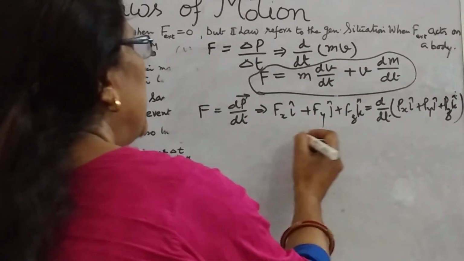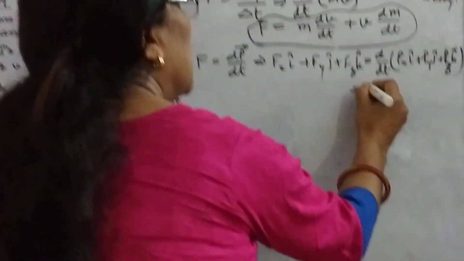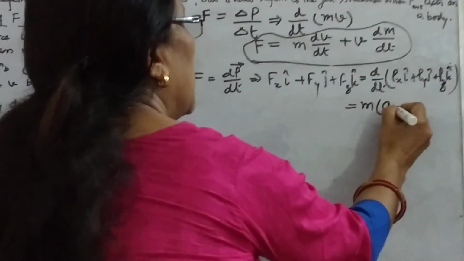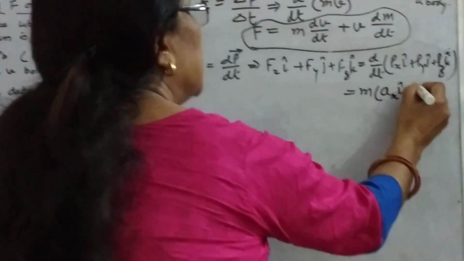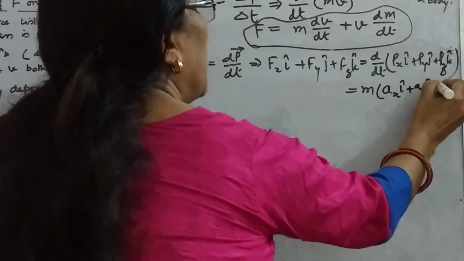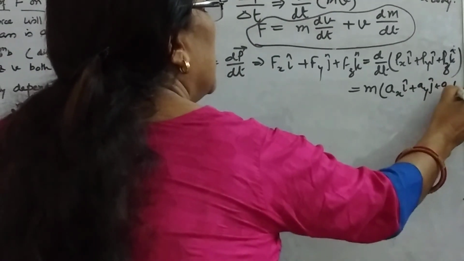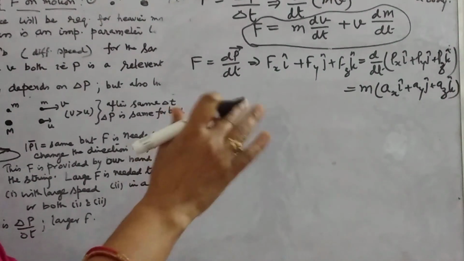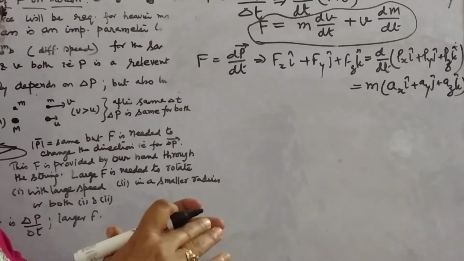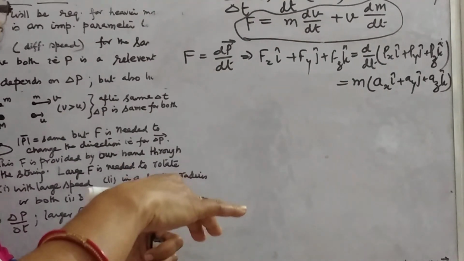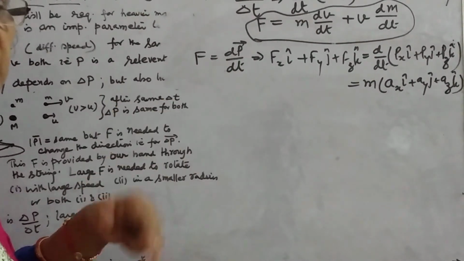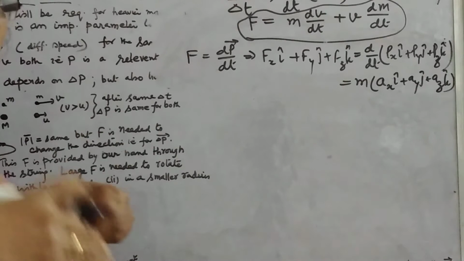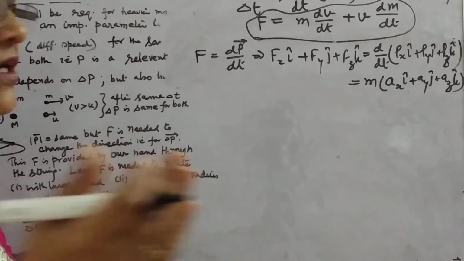Then the same expression can be written as m into ax i cap plus ay j cap plus az k cap. So by comparison, the parts of force along the x direction, y direction and z direction can be equated with the momentum or acceleration like this.